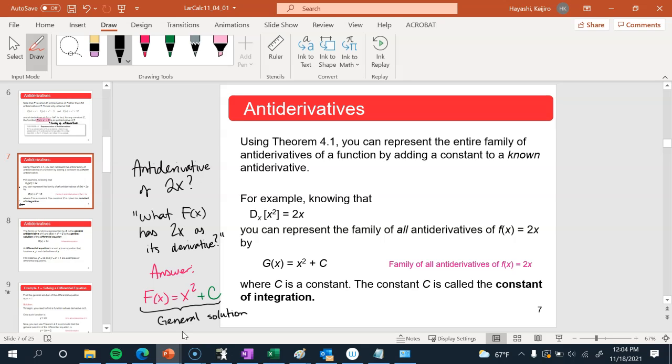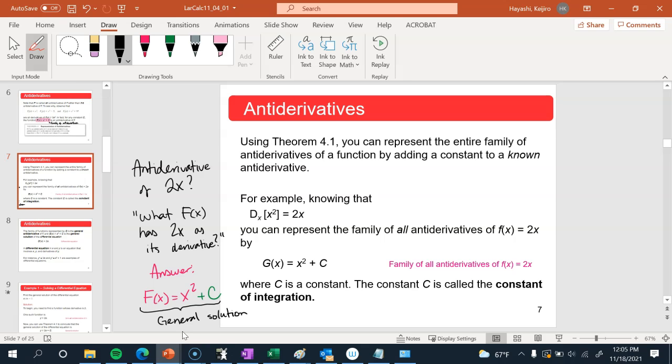It's general because it represents the entire family. C can be anything. C is not any one specific value. C is all possible values, all possible constants. So it's general, as opposed to being specific. But yeah, that C at the end is known as a constant of integration.